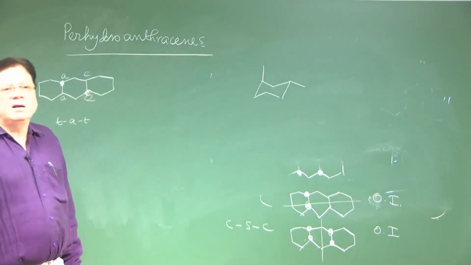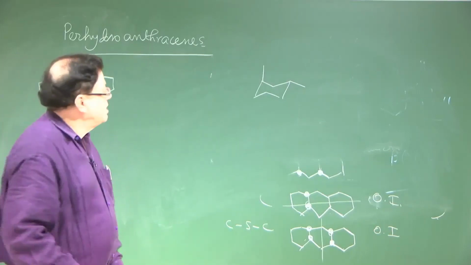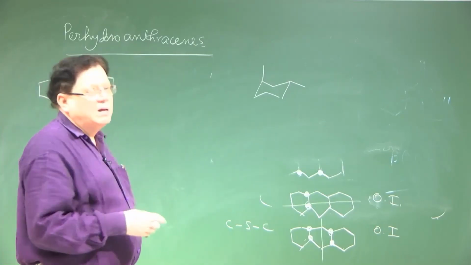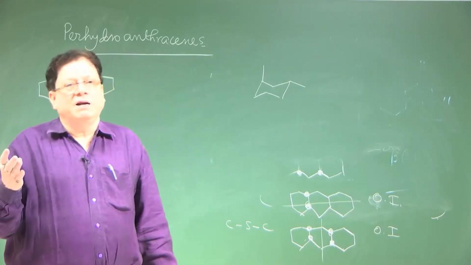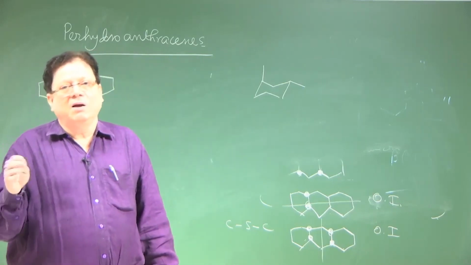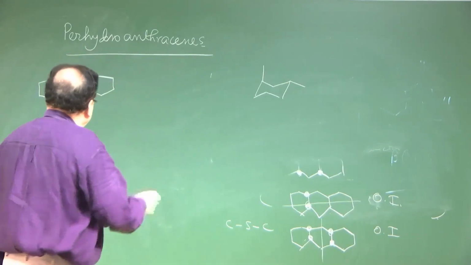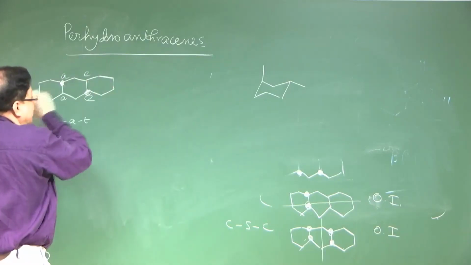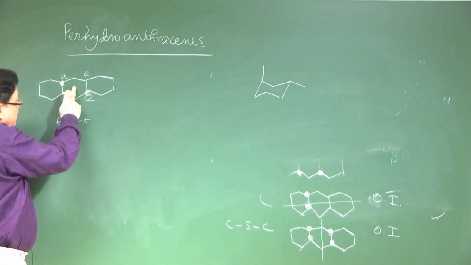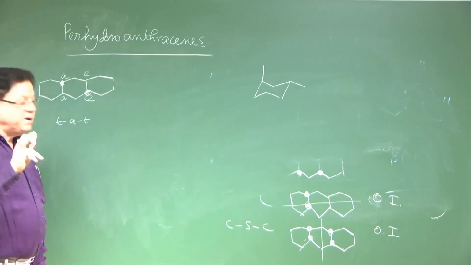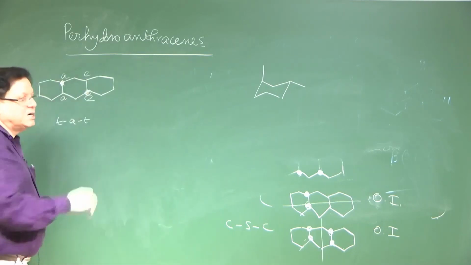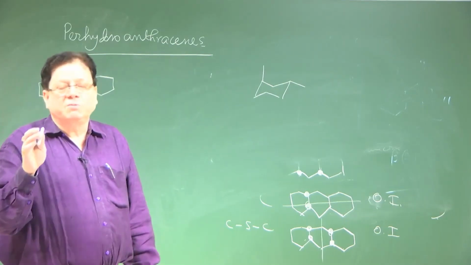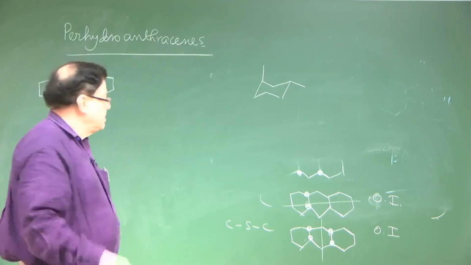If it is 1-3 cis relationship, then both the bonds have to be similar in nature, either axial or equatorial. Here it is 1-3 trans relationship with respect to the B ring. Okay. All the orientations are with respect to the B ring, remember that.